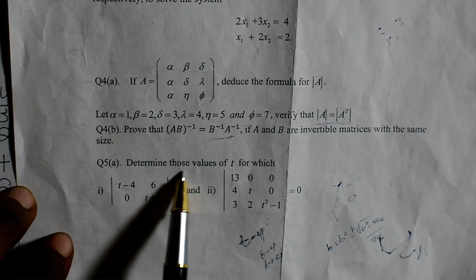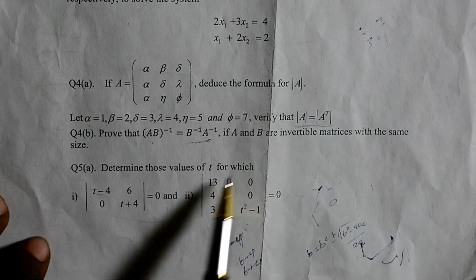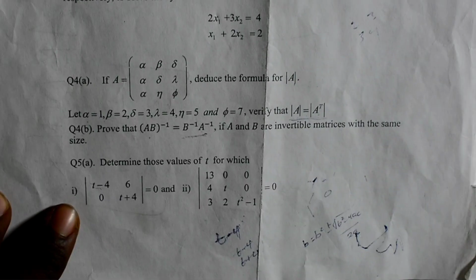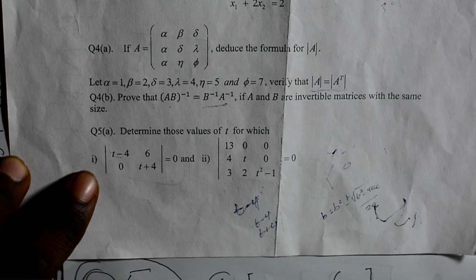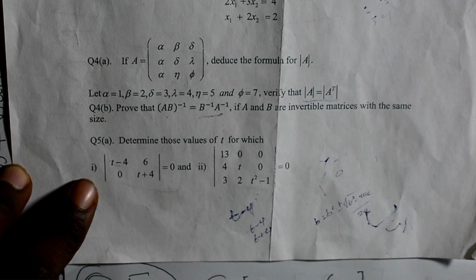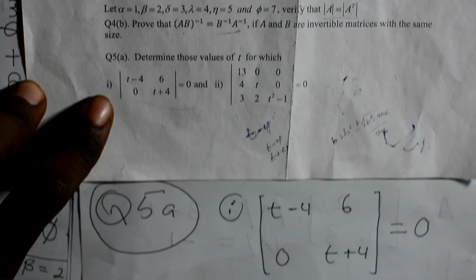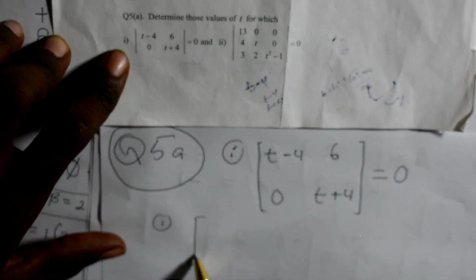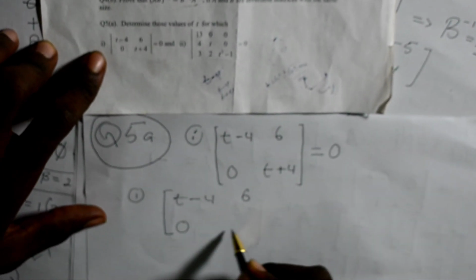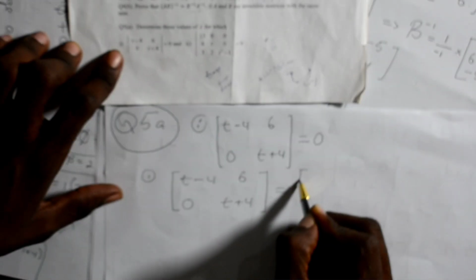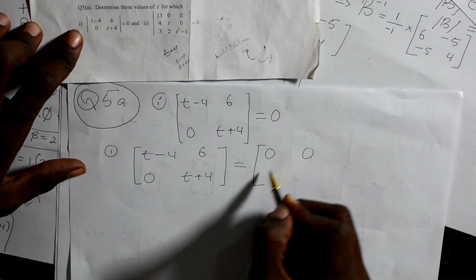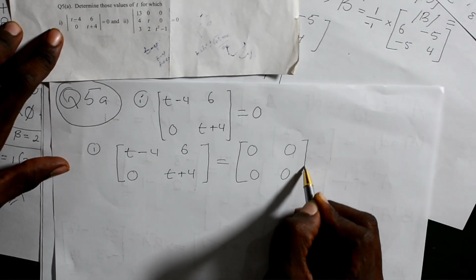The last question says determine those values of t for which 1 is this much and 2 is this much. Let's start with number 1, Roman figure 1. It says t minus 4, 6, 0, t plus 4 is equal to, in matrix, 0, 0, 0, 0 as 2 by 2.